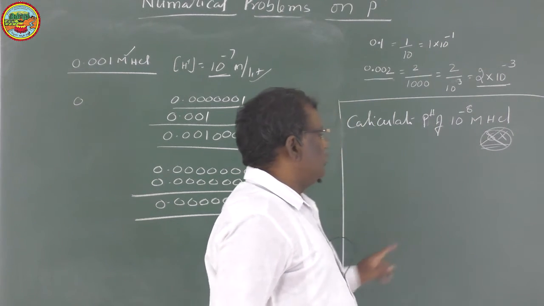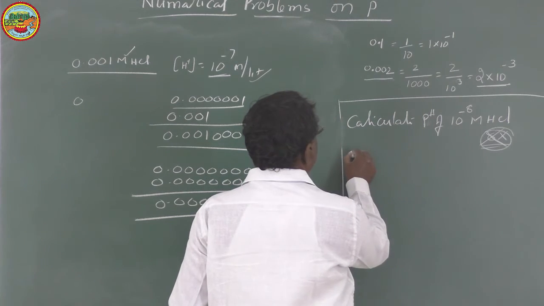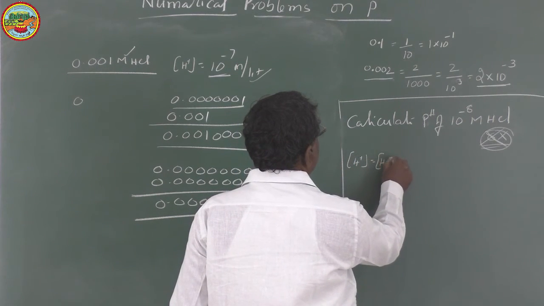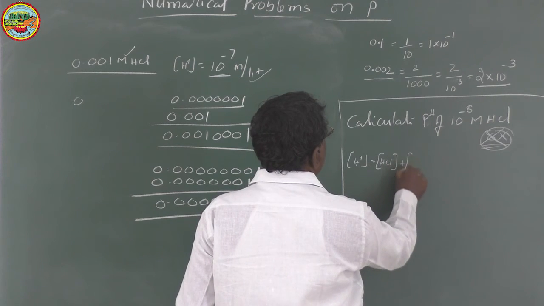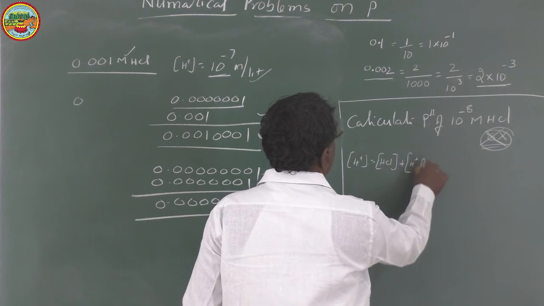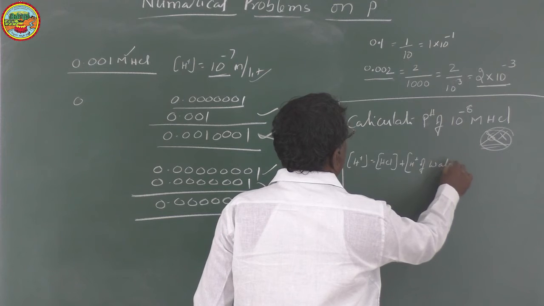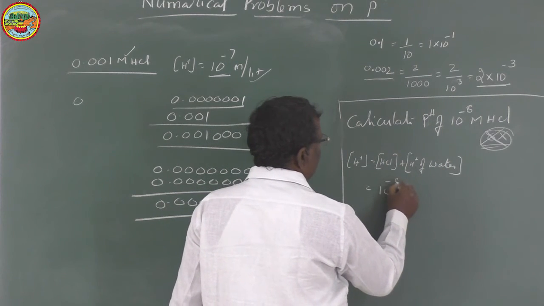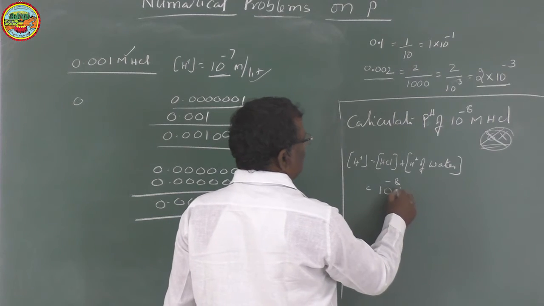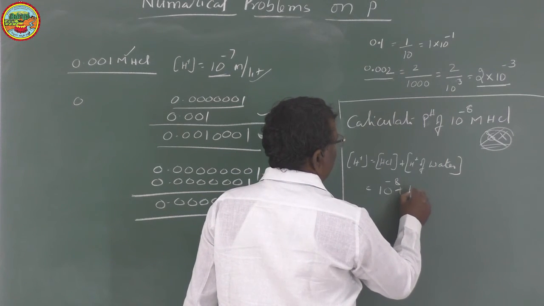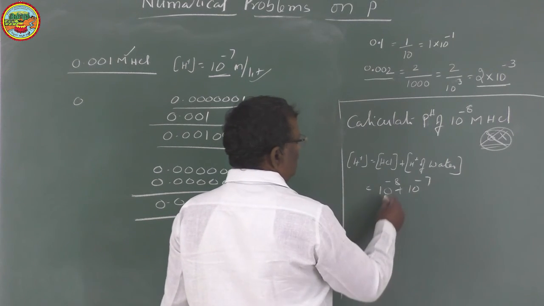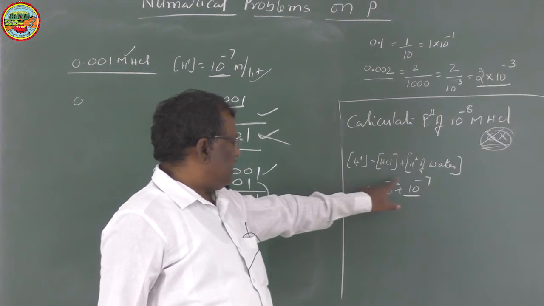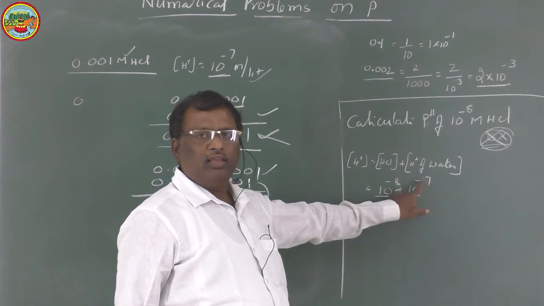So in this solution, the concentration of H plus ions is equal to the concentration of HCl plus the concentration of H plus ions of water. So the concentration of H plus ions is 10 to the power minus 8 plus 10 to the power minus 7. To add any powers in scientific notation, we should equalize the powers.